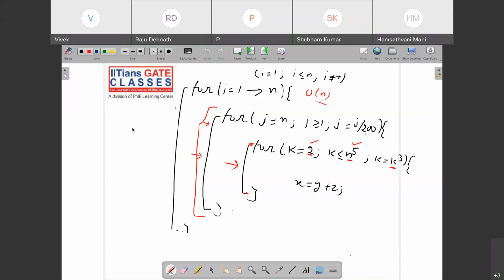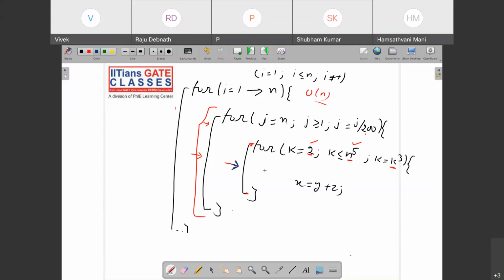So there is a program here. Try to solve it, then I will try to explain what's happening. We will always start with the inner loop.